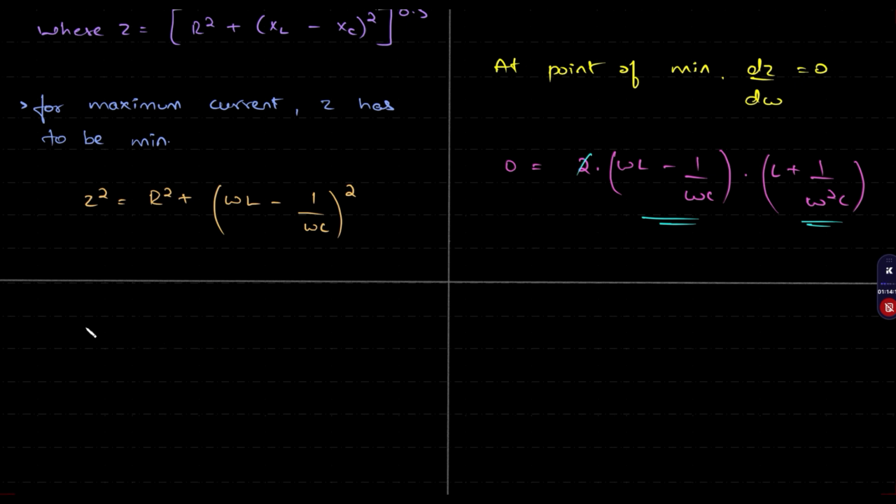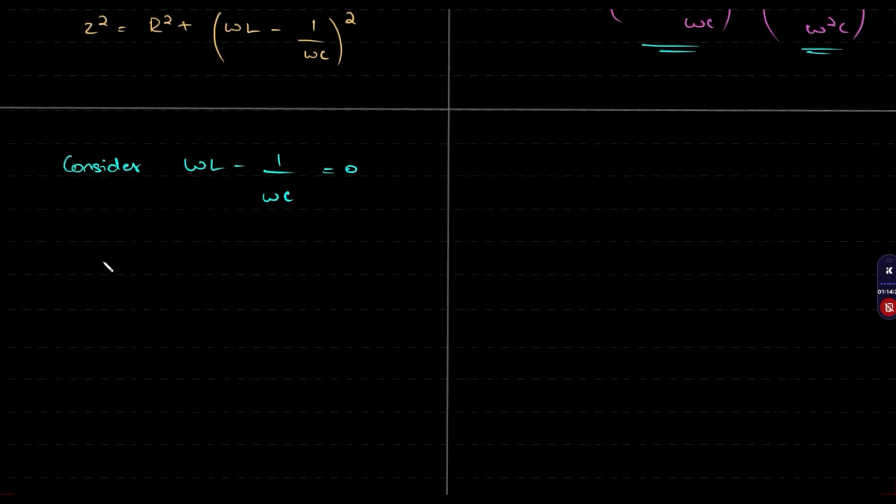So we'll consider omega L minus 1 by omega C equal to 0. When you rearrange, you will end up with omega L is equal to 1 by omega C. So omega square is equal to 1 by LC, or omega is equal to 1 by square root of LC.